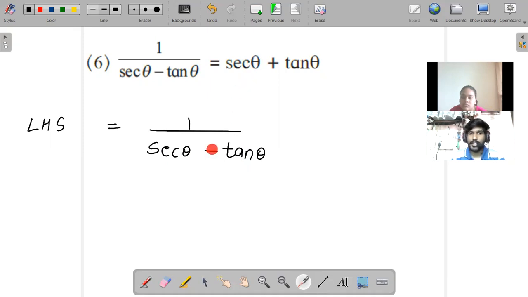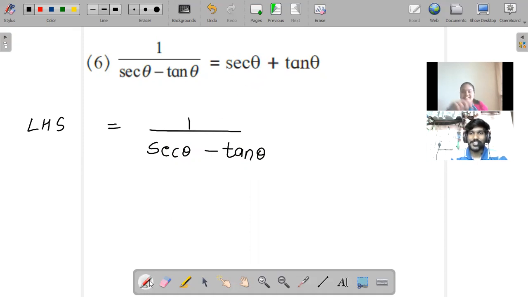If there is a multiplication sign here, then you can separate. If there is a minus or plus sign, you cannot separate like this. Also, in the right hand side you have to bring sec theta and tan theta, so don't substitute these with the formulas, like don't write 1 upon sine. Then how will you do it? You just take it to the other side so it will become plus.